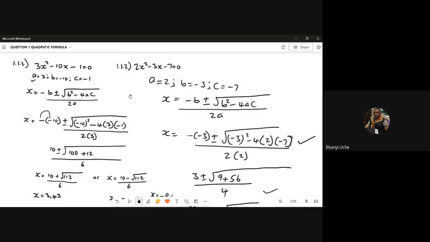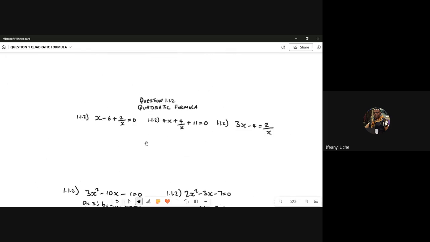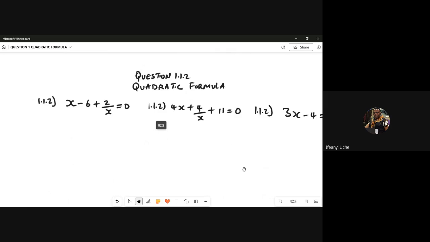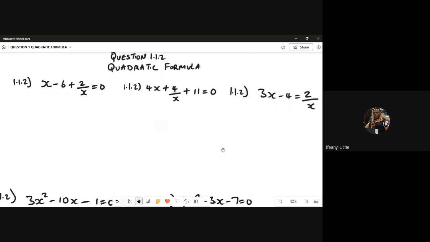Then let's look at the ones up here. These ones appear different, and some learners, looking at the fact that these are fractions, get thrown off and lose marks because they are used to the first one we did. But you don't need to panic when you see this. There are many ways you can maneuver and get the answers here.